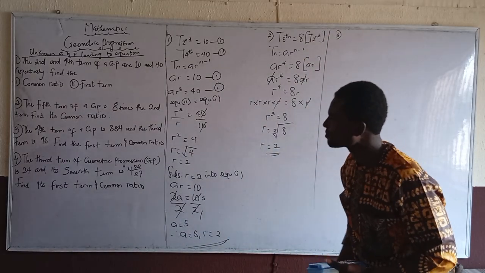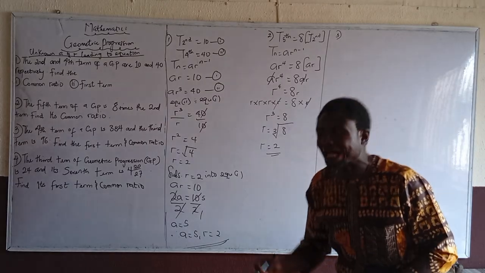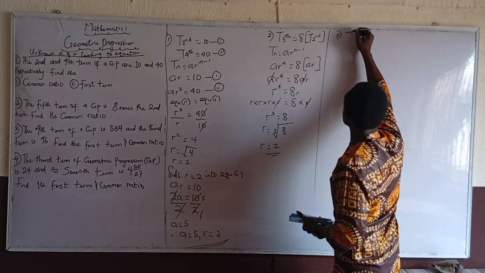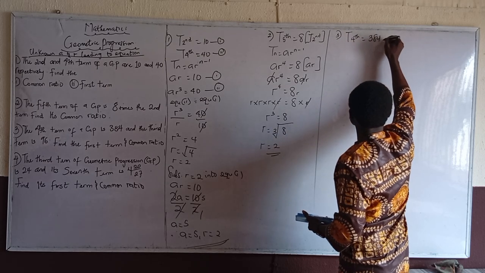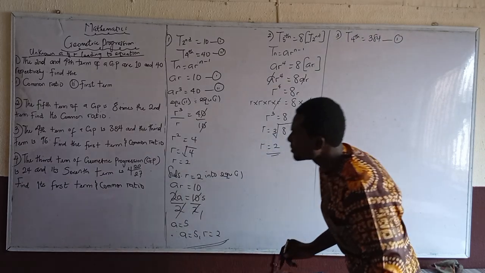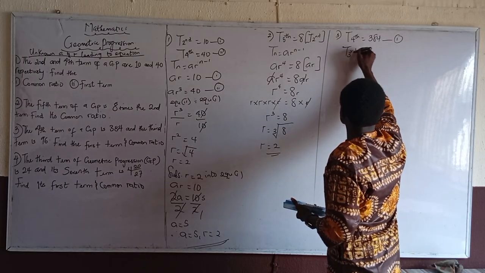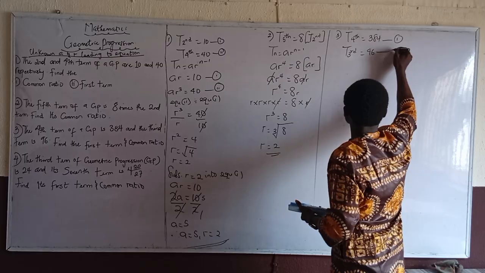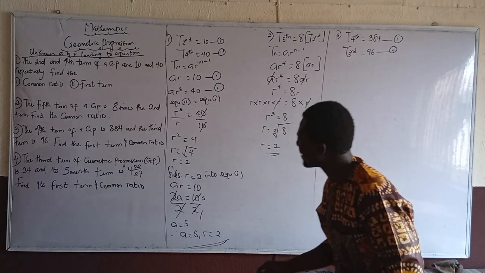Now for question 3, the fourth term of a GP is 384. That is my T4 is 384. I'll call this equation 1. And the third term is 96. T3 is 96, equation 2. Then we are asked, find the first term and the common ratio.